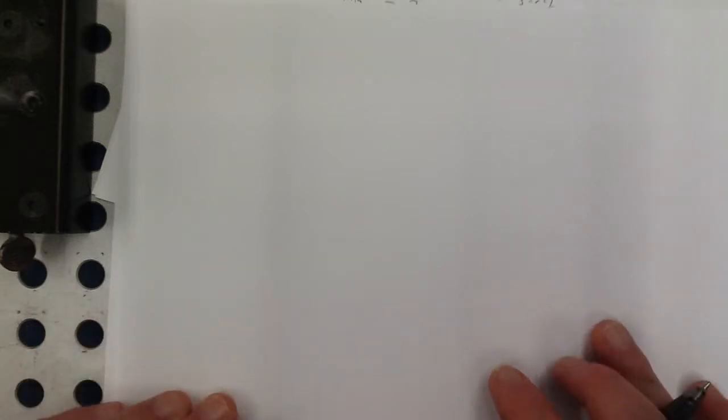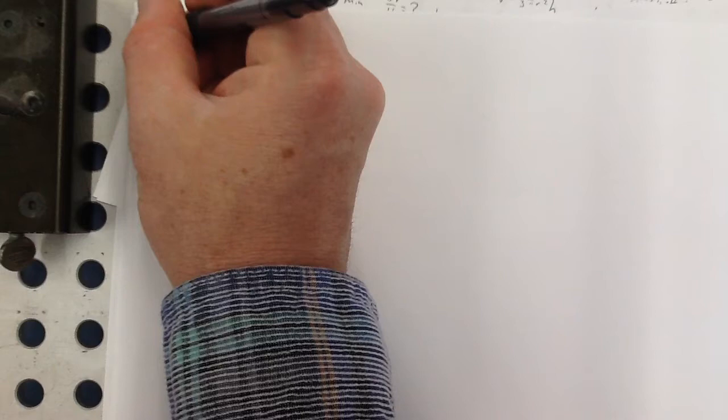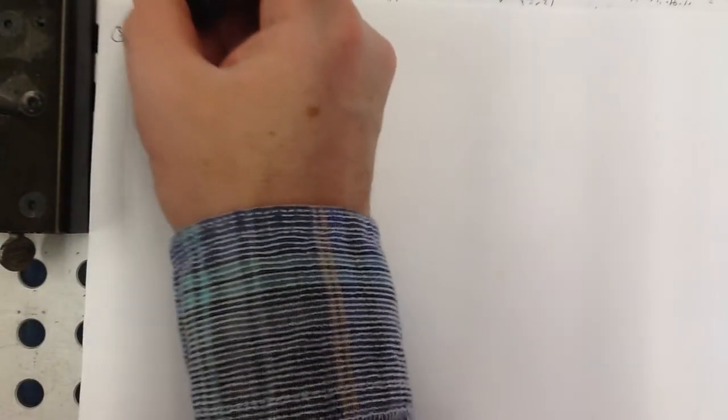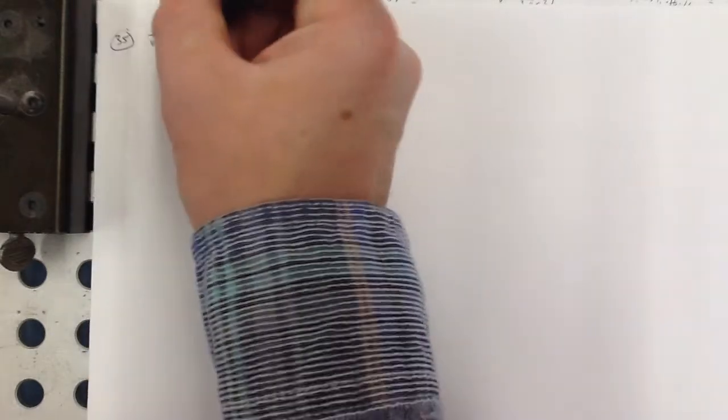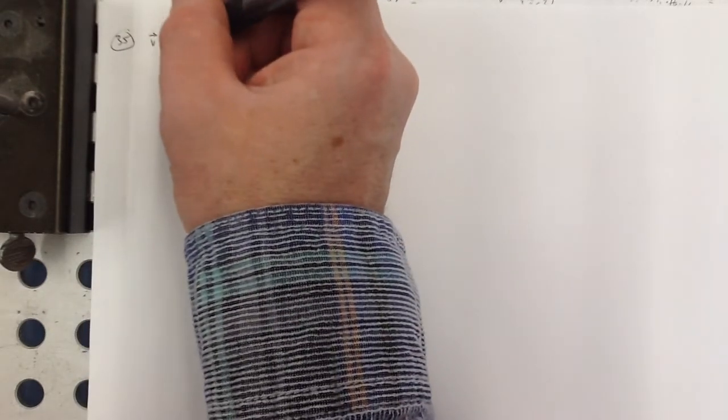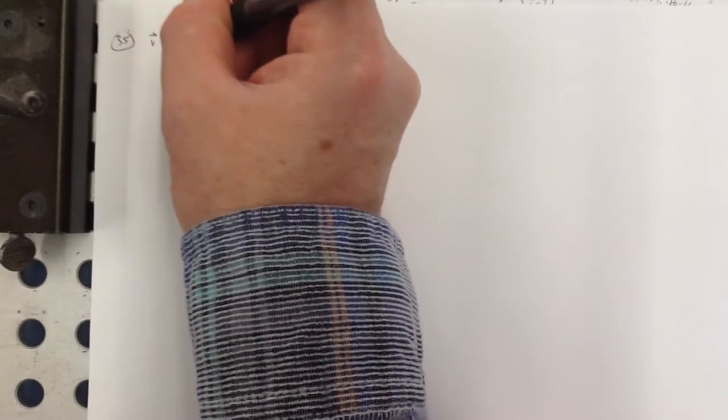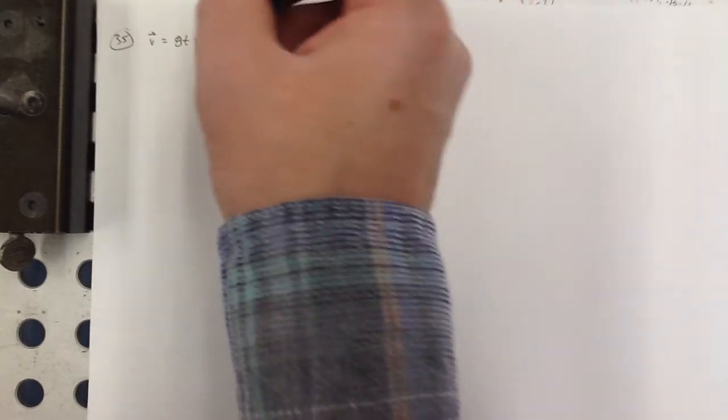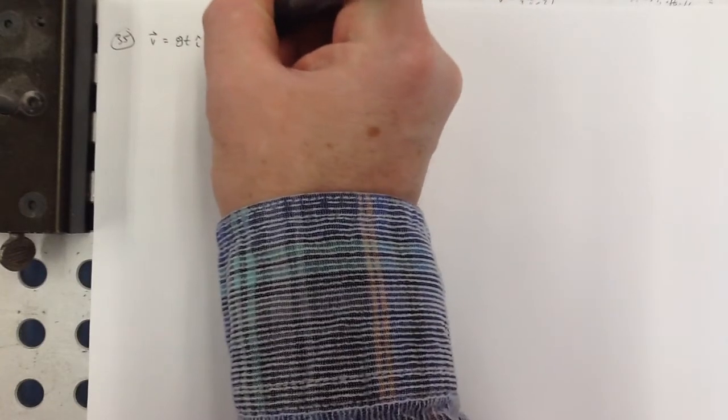All right, let's see. 35. The velocity of a 3 kilogram particle, that's a hefty particle, is given by, velocity is 8t in the i direction and 3t squared in the j direction.